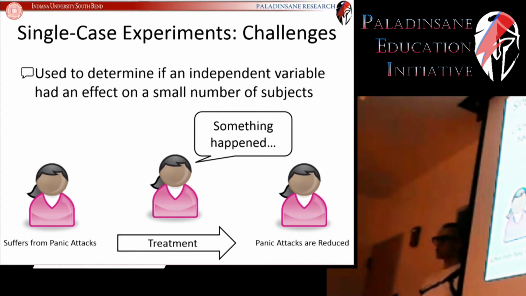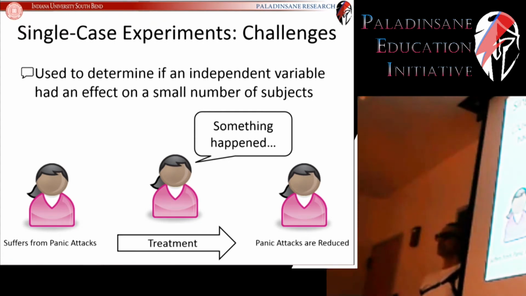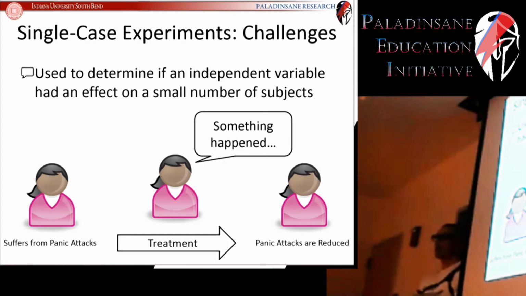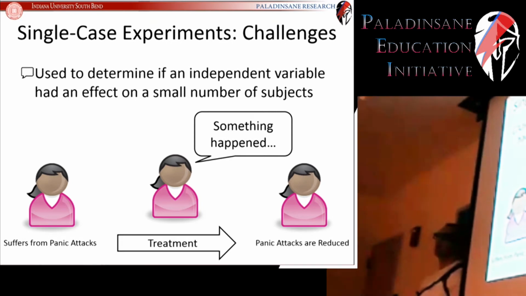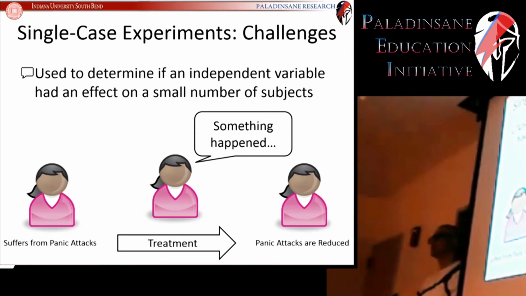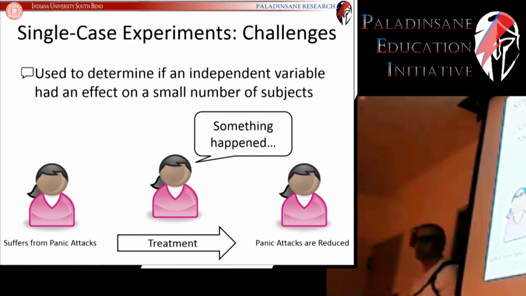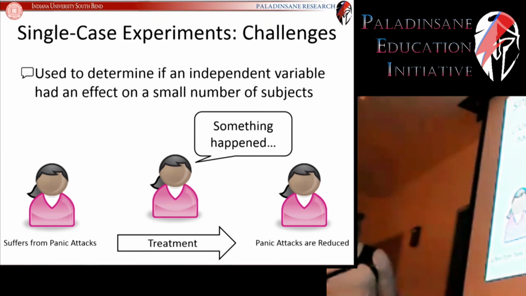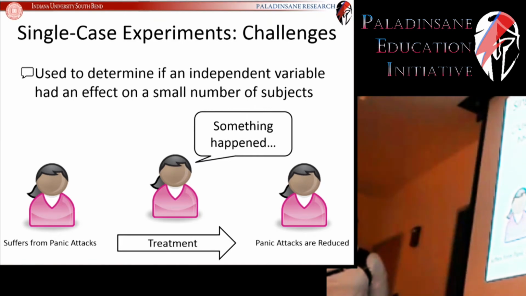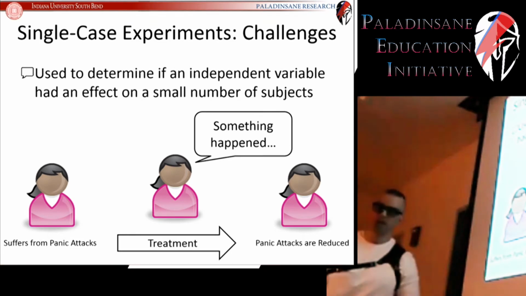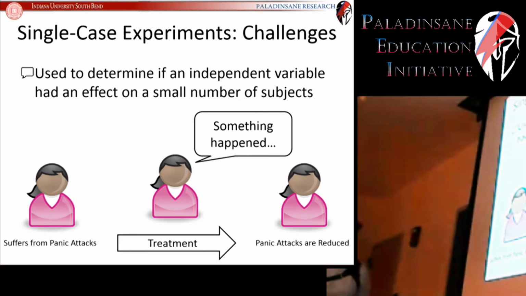So if it's one of those other things that is causing the change in behavior, you need to be able to identify that it's not your treatment, that it is something else, and then you delve into their lives and you try to figure out what is it that is causing this decrease, in this case, in the panic attacks. So again, the idea is that we need to know, is it the treatment? Because we want to make sure that we have actually helped this individual get rid of their panic attacks.